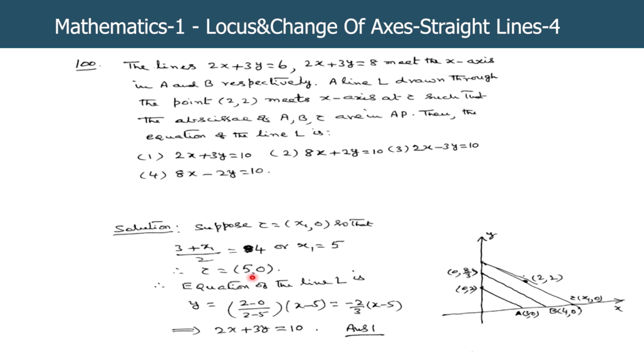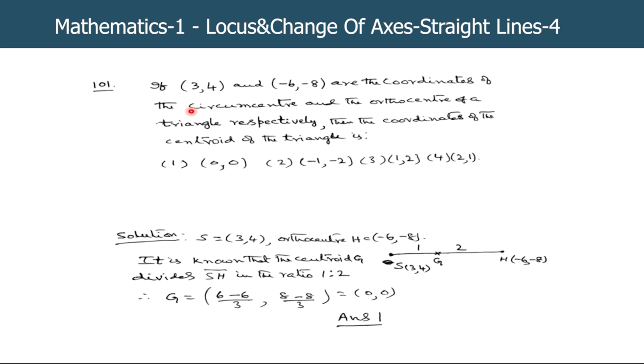So, therefore, C is equal to 5 comma 0. The equation of the line L is y is equal to 2 minus 0 by 2 minus 5 into x minus 5, which is 2x plus 3y is equal to 10. That means answer option number 1.